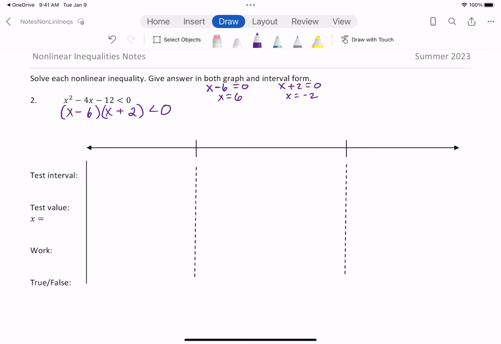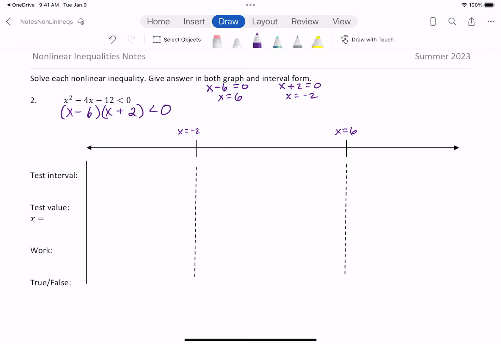So don't forget what I told you in the last problem. Regardless of what order these come out when you solve, this is a number line, so we have to put them on here from smallest to biggest. So we have x equals -2 and then x equals 6. All right.